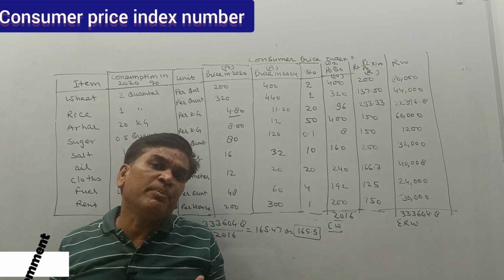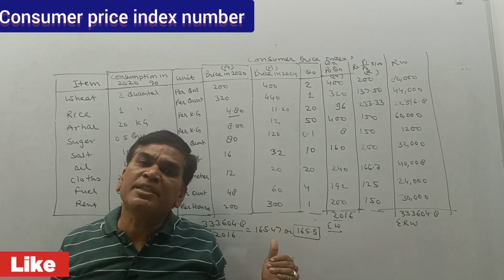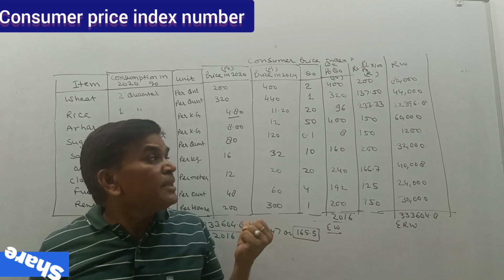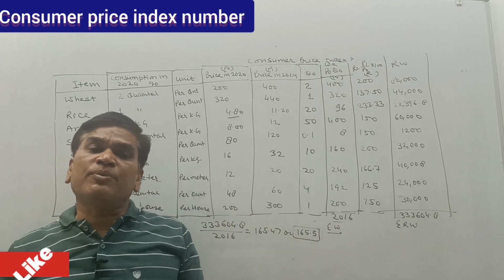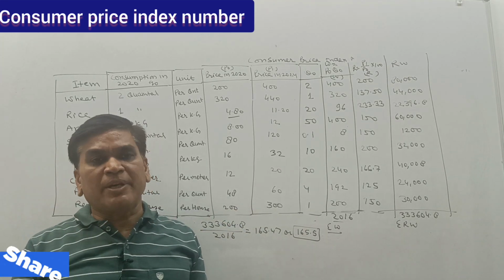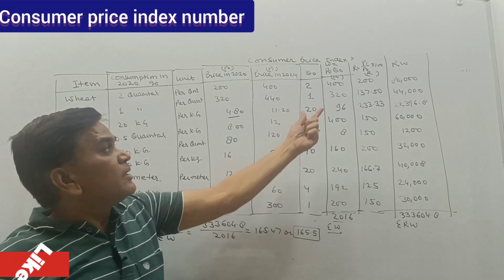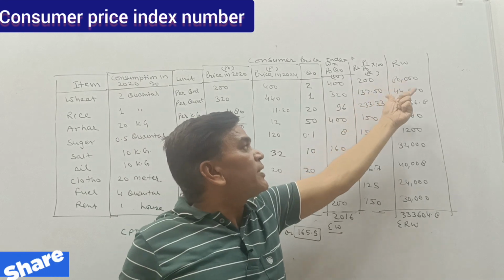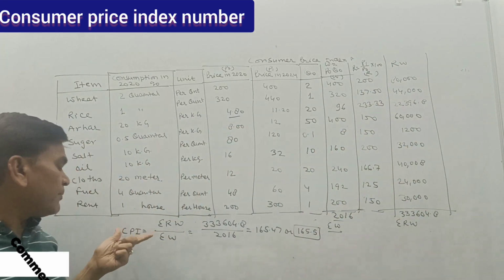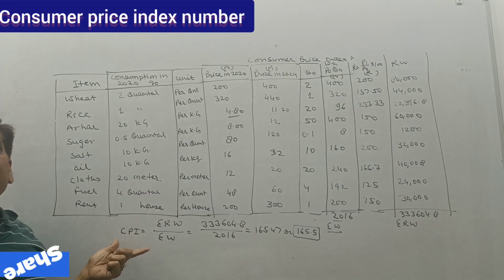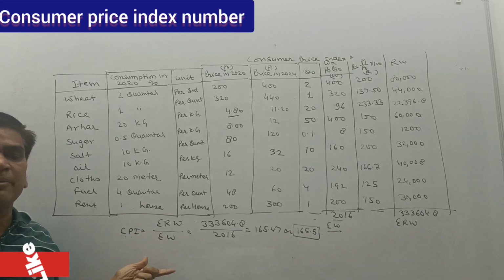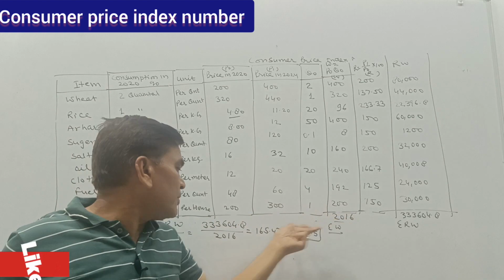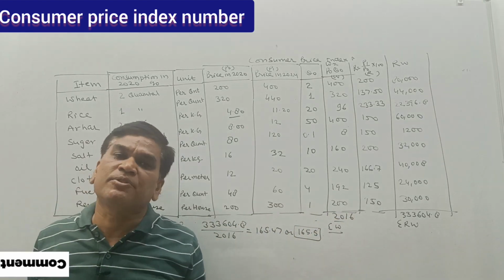But in the family budget method, we treated the value of P0 Q0 as W, and then calculated the value of R, that is P1 divided by P0 multiplied by 100. Getting R multiplied by W, we have RW, and then put it in the formula for the consumer price index with the family budget method, sigma RW divided by sigma W. So sigma RW is that and sigma W is this, and we get the same answer.